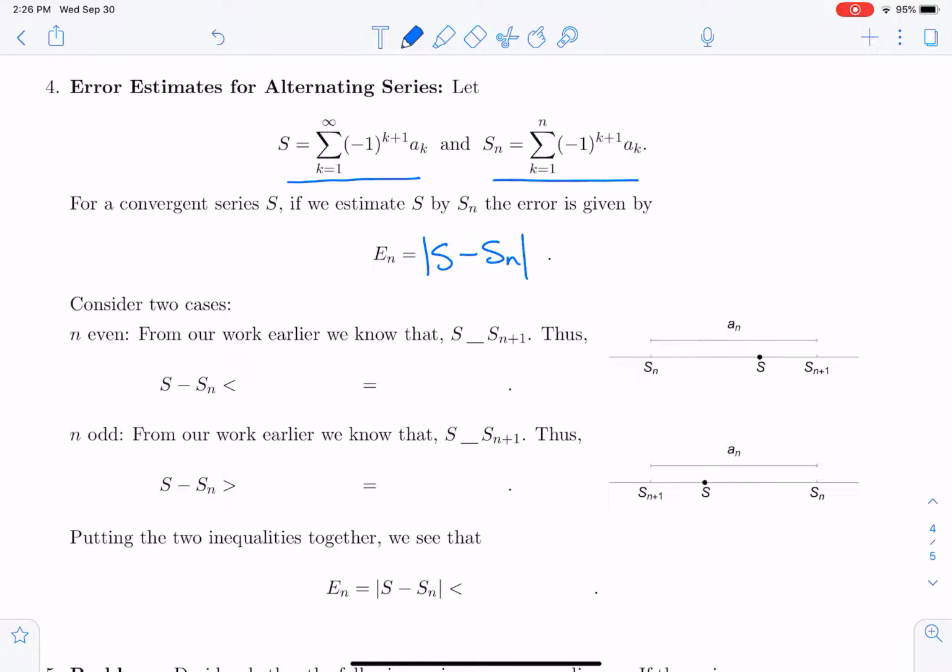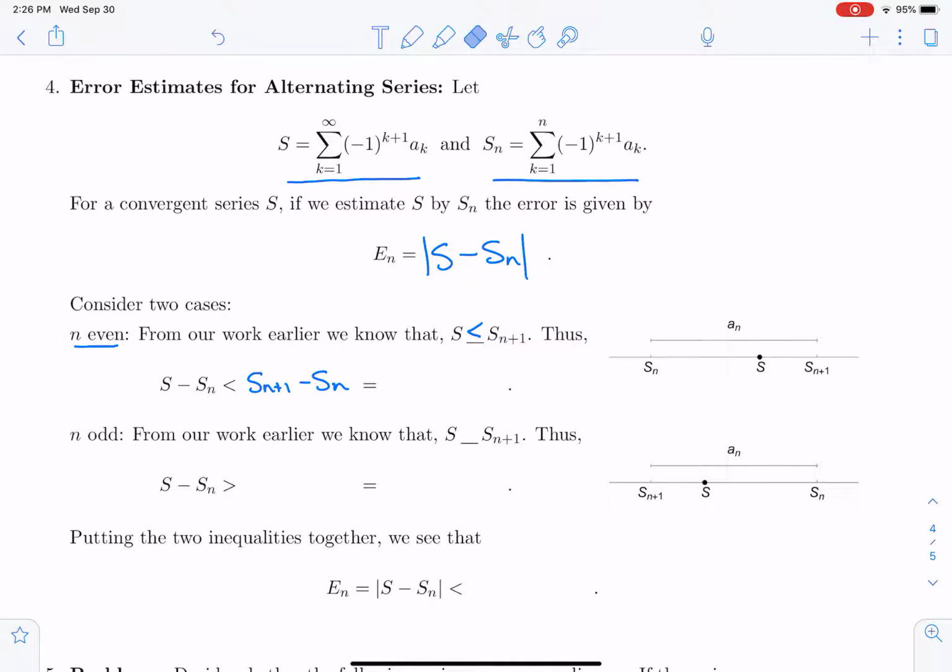The first case is when n is even. We looked at alternating series before, and we saw that when n is even, our sum S was less than the n plus first partial sum. And so that means that S minus S sub n is less than S sub n plus 1 minus S sub n.